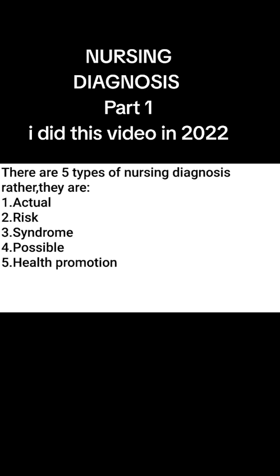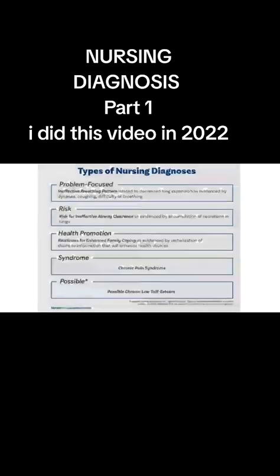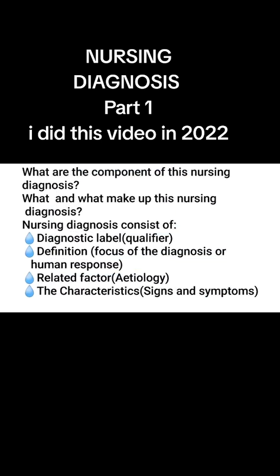There are 4 types of nursing diagnosis, which are actual nursing diagnosis, risk nursing diagnosis, syndrome nursing diagnosis, possible nursing diagnosis, and health promotion nursing diagnosis. But before we explain the types of nursing diagnosis, let's discuss the components, characteristics, or features of nursing diagnosis.